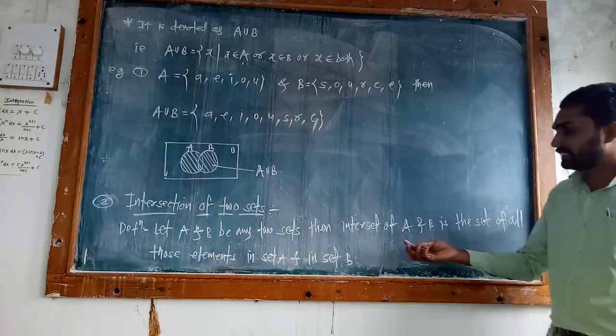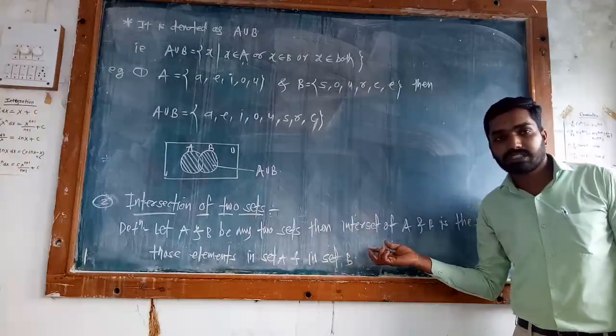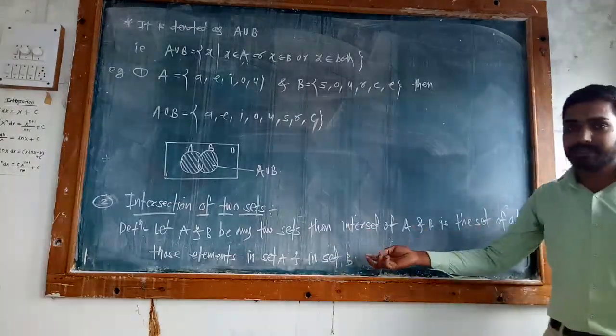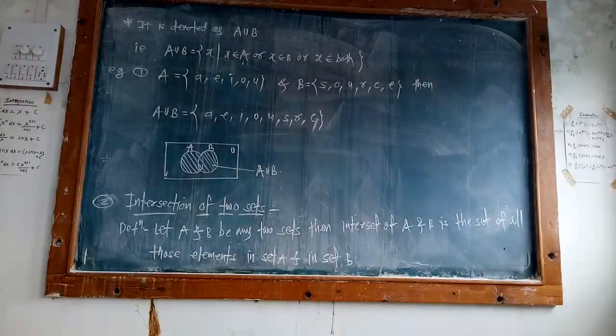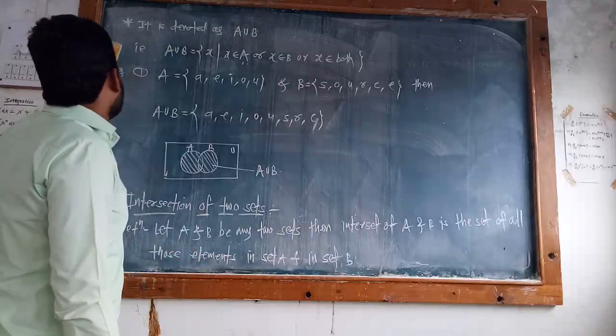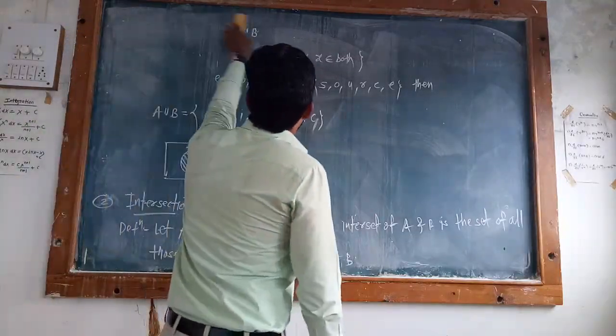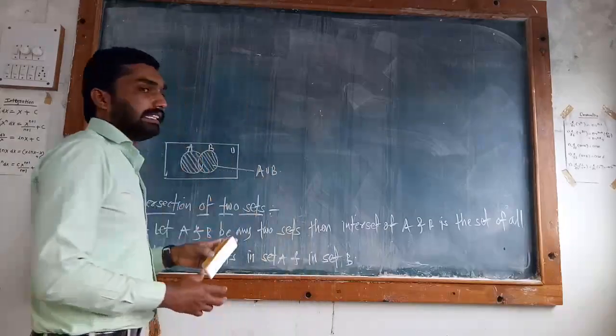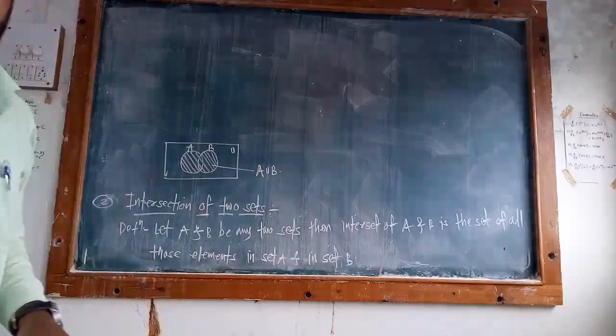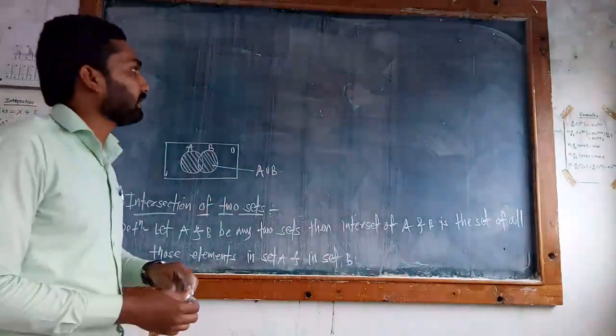What do you mean by intersection? That is the set of all those elements in set A and in set B. That is, the set of all common elements in A and B is called as intersection of A and B. What is my intersection of A and B?